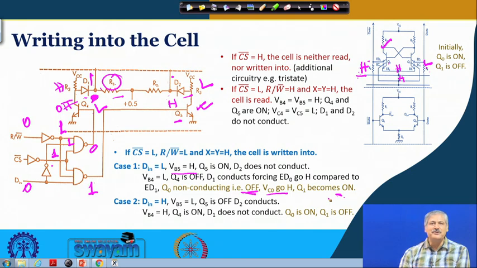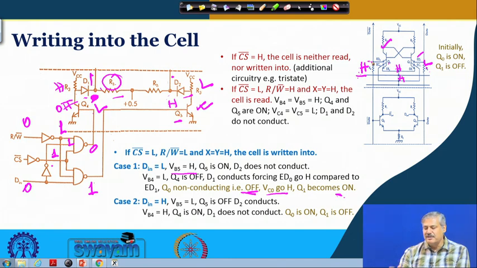Okay. If you stop the write operation, the circuit goes back to its normal state. So both of them are say 0, this address is not invoked. So this cross coupled nature will keep Q1 at on and Q0 at off, the way it was happening before, for Q0 which was on was remaining on and Q1 which was off was remaining off.